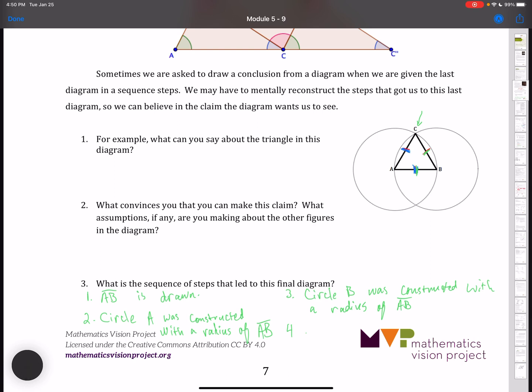Which, if we write that in geometric notation, would be segments, oops, not AB, segments AC and BC are drawn to the circles' point of intersection.